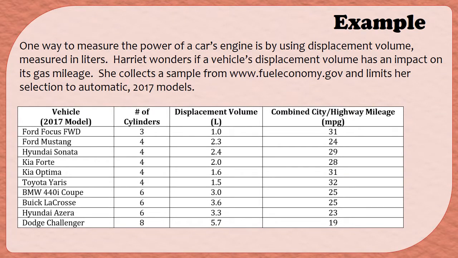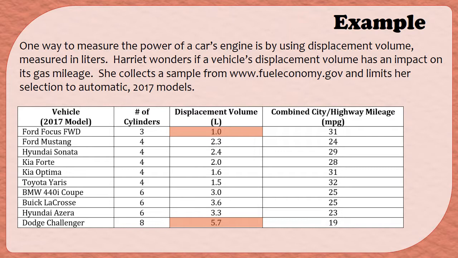So here, when I look at the displacement volume values that were contained in the table, kind of doing a quick scan, the lowest number here is 1 liter, and the largest number is 5.7 liters. So that means it's going to be appropriate to make predictions for values that are within that range, or maybe just before.